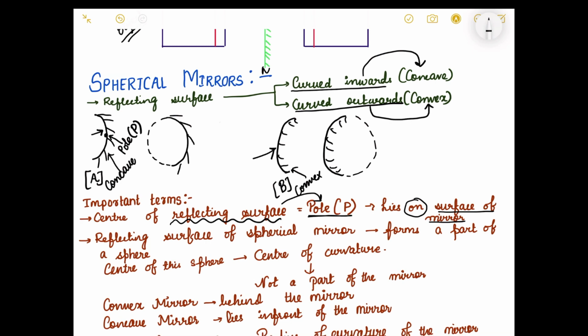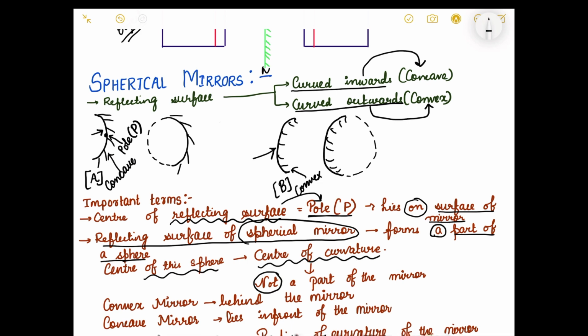In addition to this, the reflecting surface of a spherical mirror forms a part of a sphere. The center of this sphere is known as the center of curvature and this center of curvature is not a part of the mirror. Now, let us consider this figure C. As we can see here, the reflecting surface of the spherical mirror forms a sphere and this sphere has a certain center.